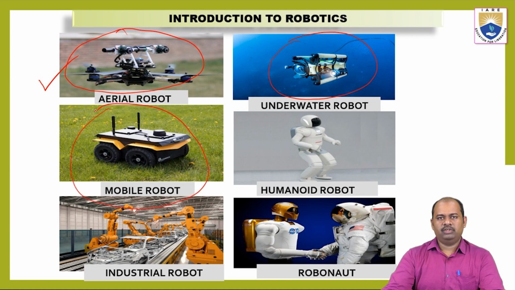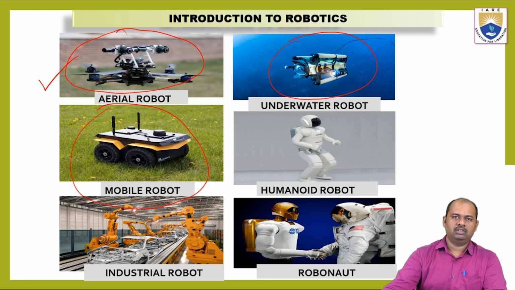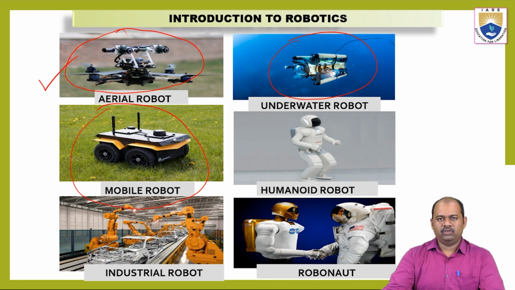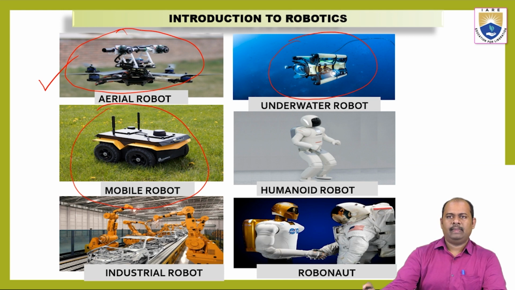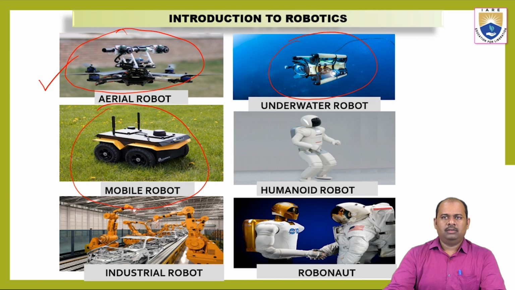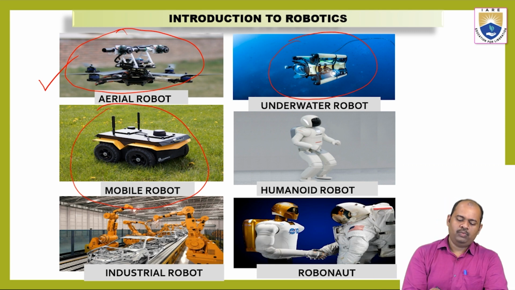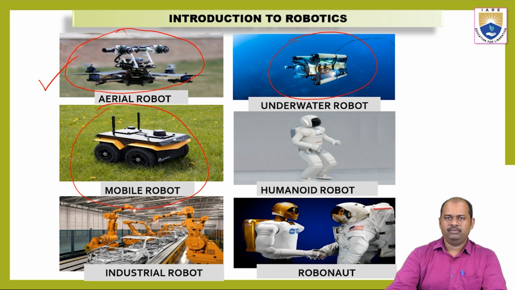So these kinds of robots are very popular in military applications, where mobile robots are used for disarming bombs, or they can be used to go to places where human beings cannot reach. They will contain a camera, and they can act on their own. They will turn around the obstacles. They can move from one place to another place on their own. Okay, so the mobile robots are used in disarming bombs.